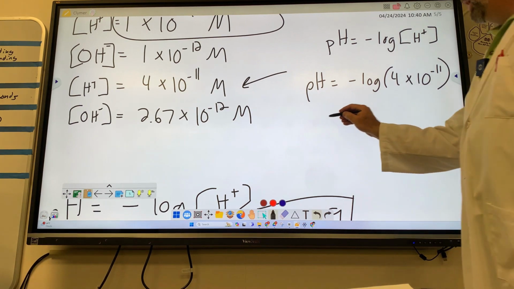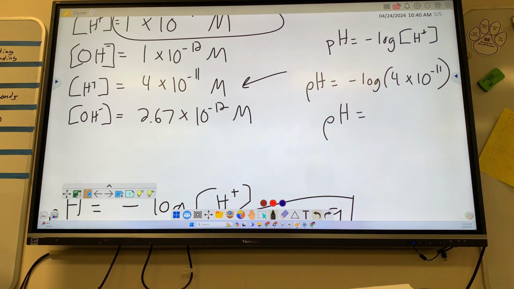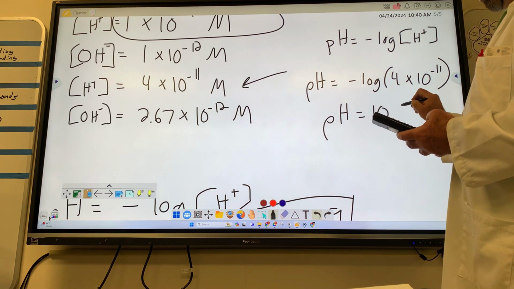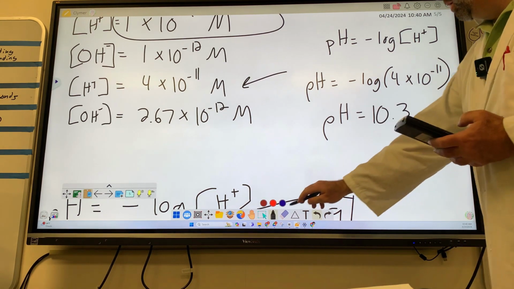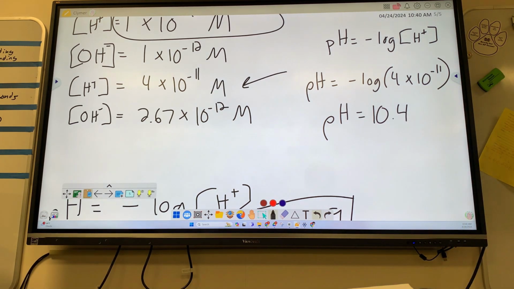And now I'm going to dump that into my calculator. Negative log button. 4e negative 11, close paren. Let's just do 10.4. That's it.